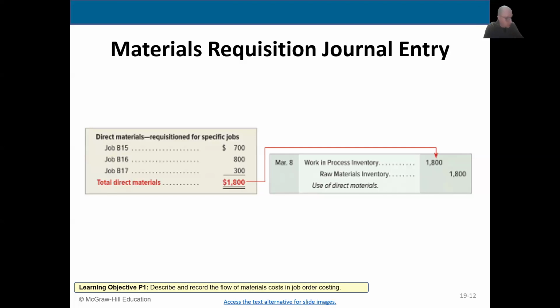I need to create a journal entry to record that transfer. The way I do that is I debit work in process inventory and I credit raw materials inventory. This shows us the transfer from raw materials to work in process. Very important step, because that's how you track the flow of your inventory.